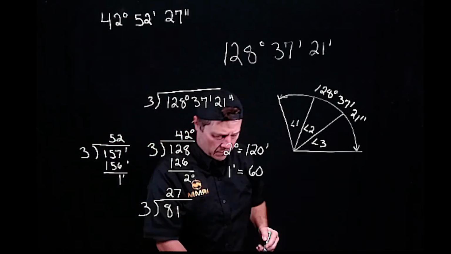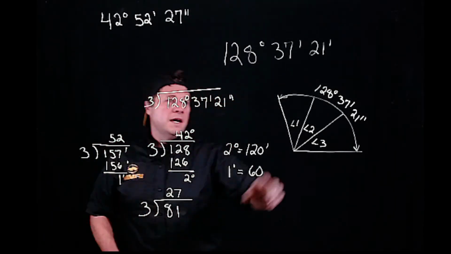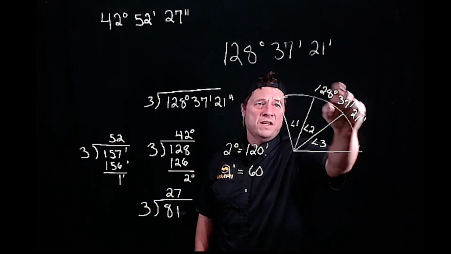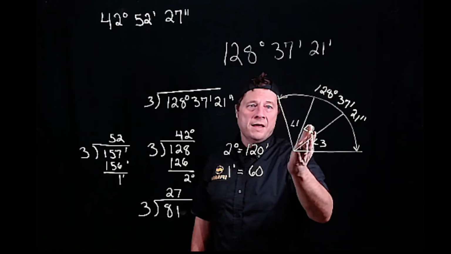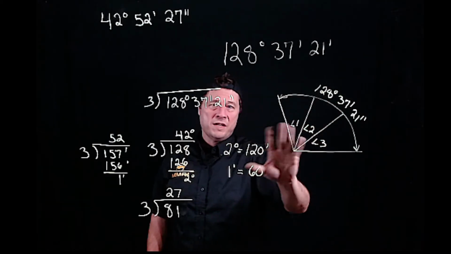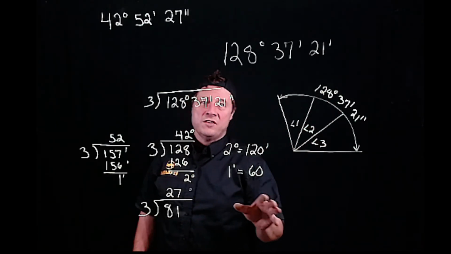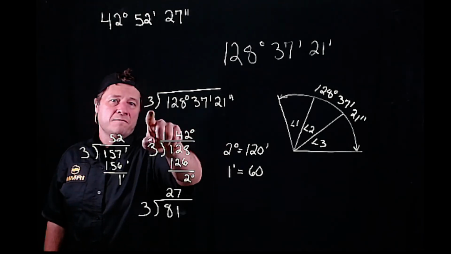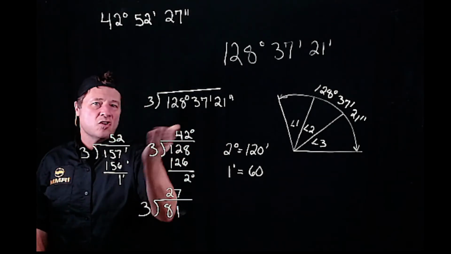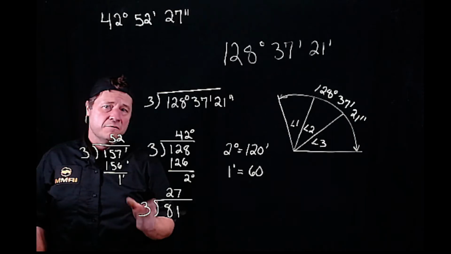Okay, so as you can see, I start with my 128 degrees, 37 minutes, 21 seconds, and I want to divide that into 3 equal angles. So I show it here: 128, 37, 21, divide by 3. But I can't just solve it like that. I have to break it into its individual units.